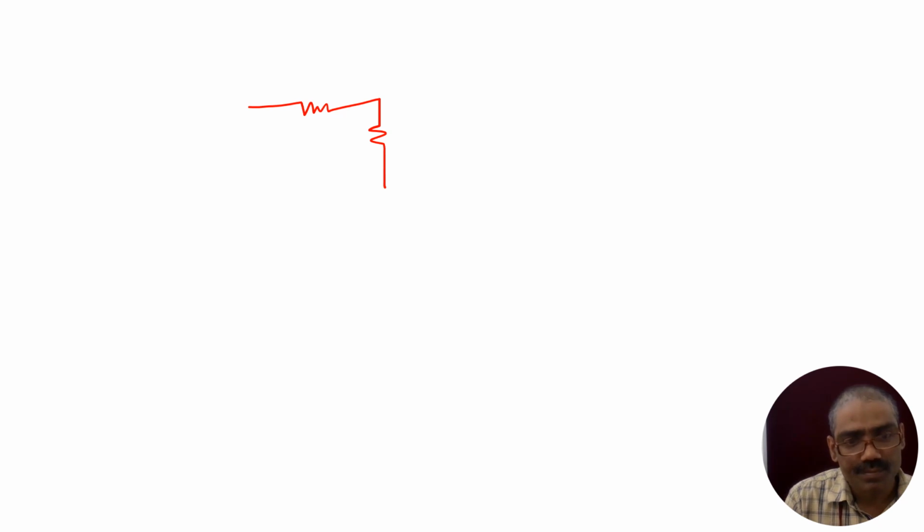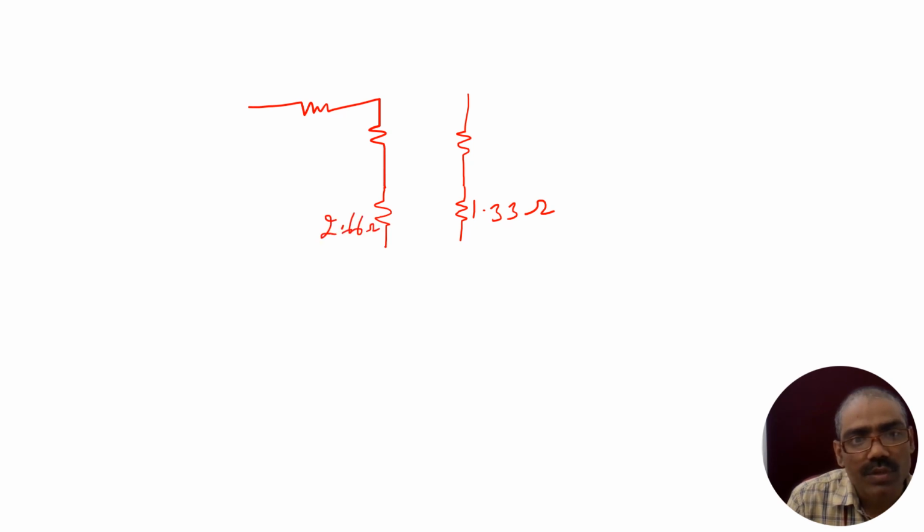After that, again we are adding 1.33 ohm resistance here, and this resistance is nothing but 2.66 ohm resistance, and this resistance again we are connecting with 1.77 ohm resistance, that is nothing but the R3. So here we have A, B, and like that.